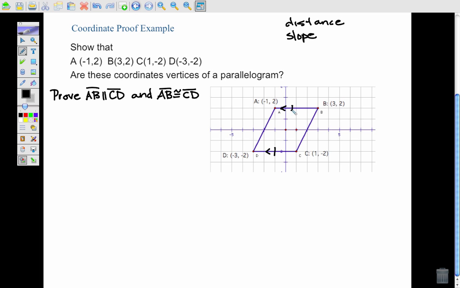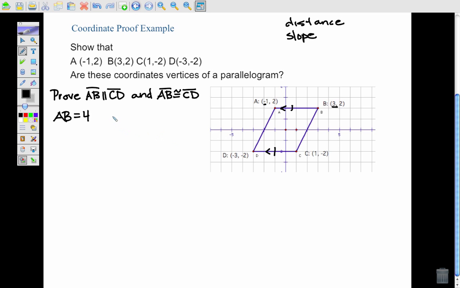I picked those sides honestly because it's easy. For this particular proof, we do not need to use the distance formula because we're just going straight across, and you can see if I stay at 2 that we're just going from -1 up to 3. So the length of AB is equal to 4.